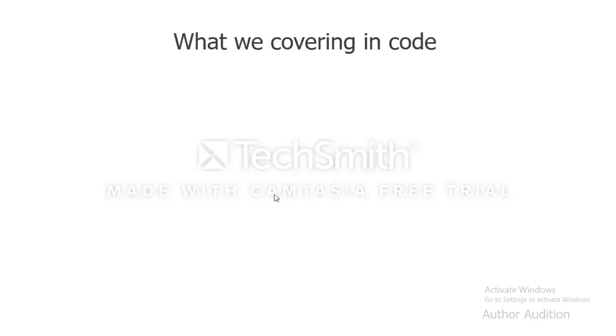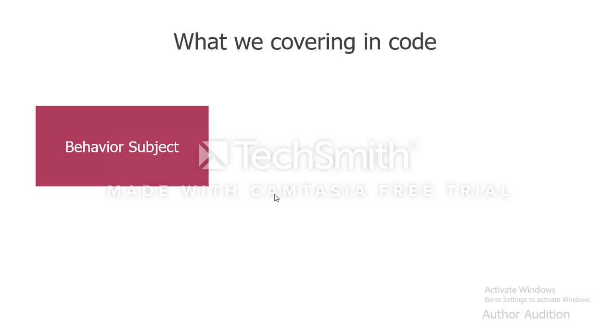So what are we covering when we are coding? First thing is the behavior subject. A behavior subject is a subject where we store the last emitted information of the topic.